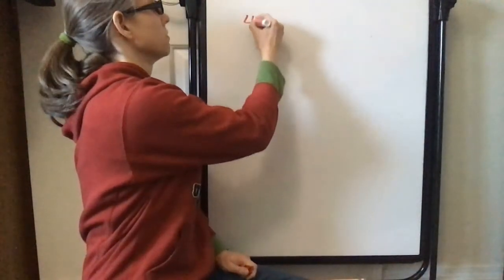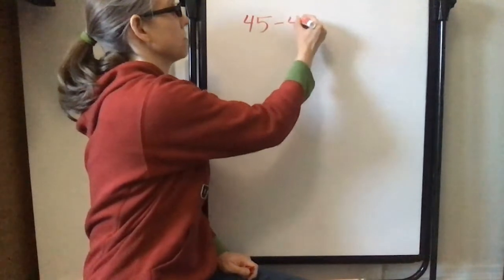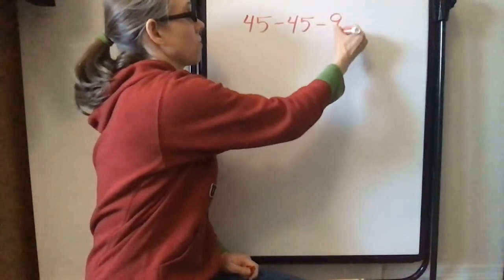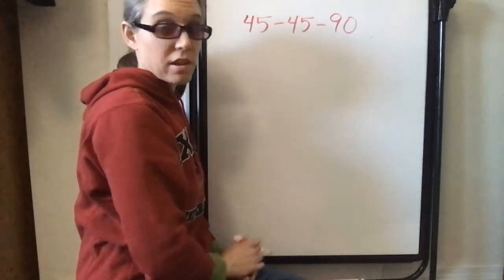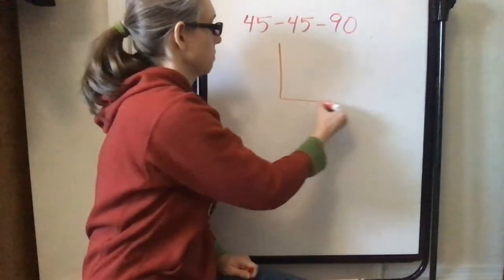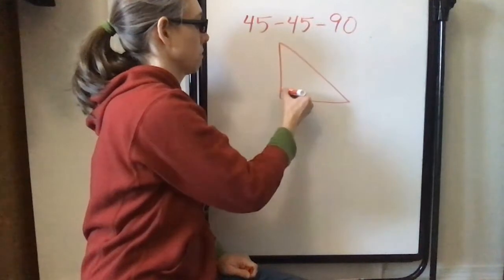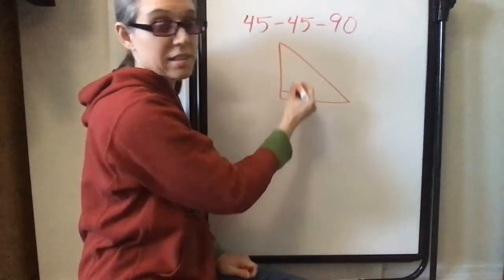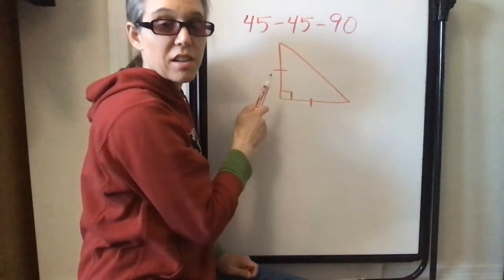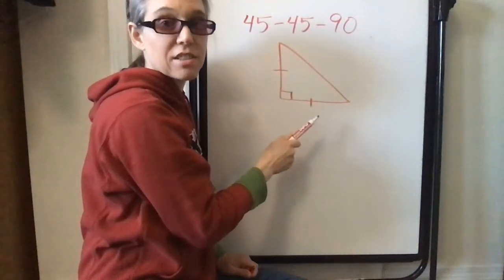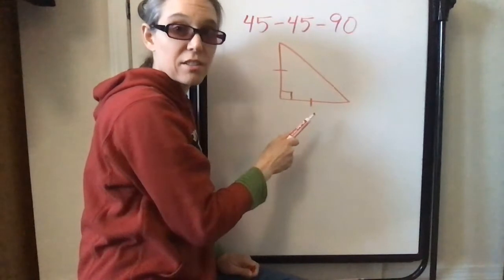It's called the 45-45-90 triangle. The 45-45-90 triangle is a right triangle with congruent legs. When a triangle has congruent legs, it's called an isosceles triangle.